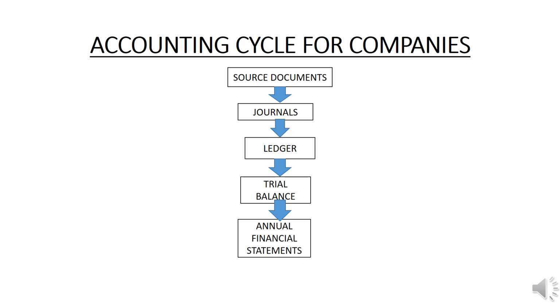Remember, your assets increase on the debit side and decrease on the credit side. Therefore, it makes sense for your total receipts to be recorded on your debit side and your total payments to be recorded where?